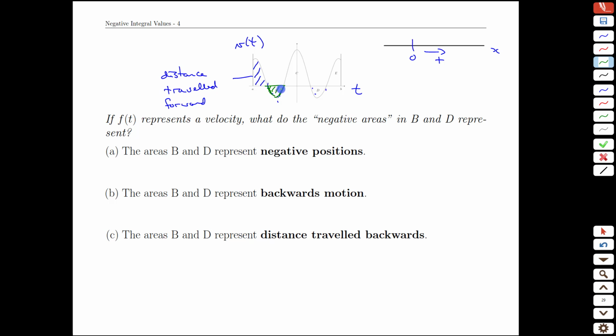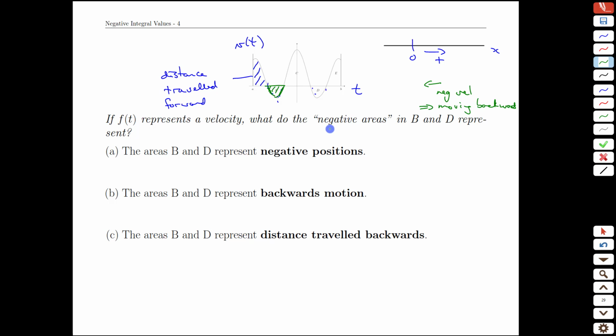When we're in the negative velocity territory, we're going to have negative velocity means moving backwards. We're backing up. And so if you want to talk about the integral being total distance traveled, we move forward for a bit, and then we stop, velocity 0, and then we're going to move backwards for a little bit.